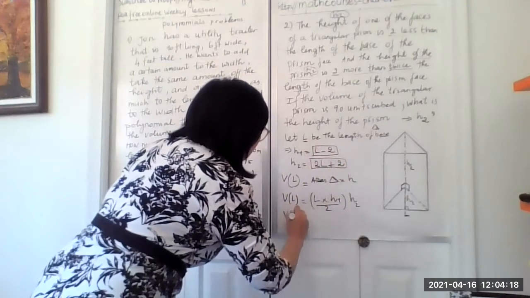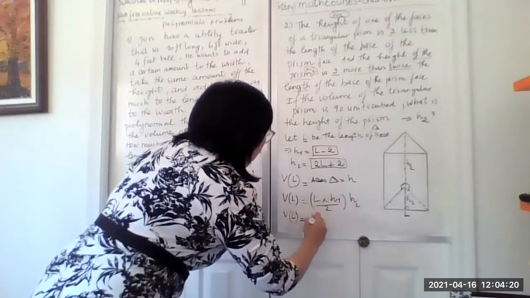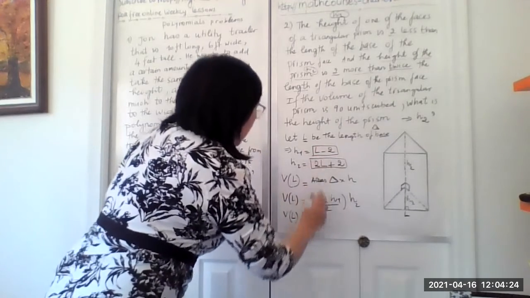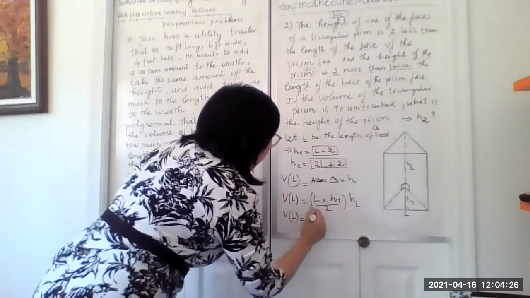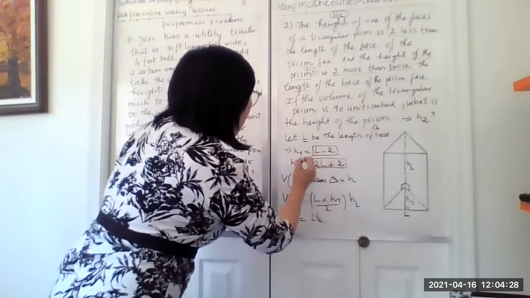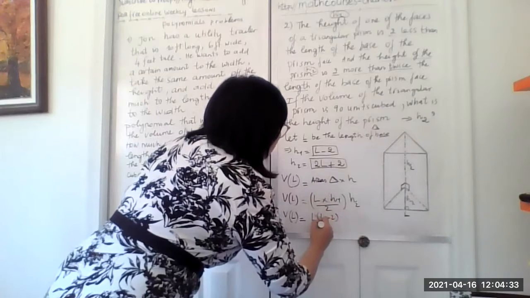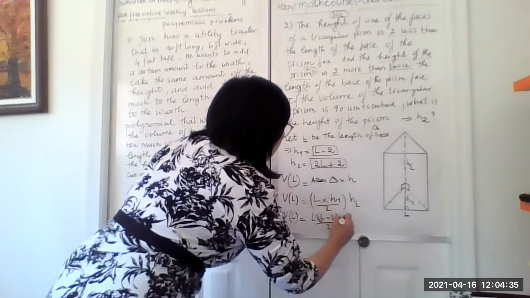So we have V of L equals L times H1, and I'm going to put in the bracket, H1 is L minus 2, and this will be divided by 2.